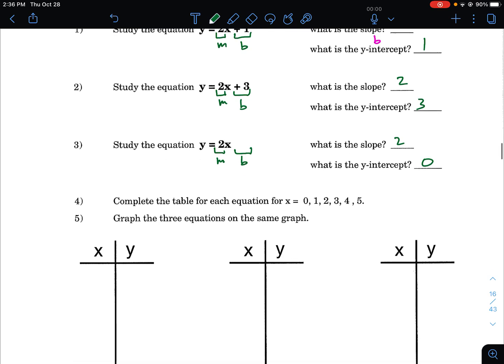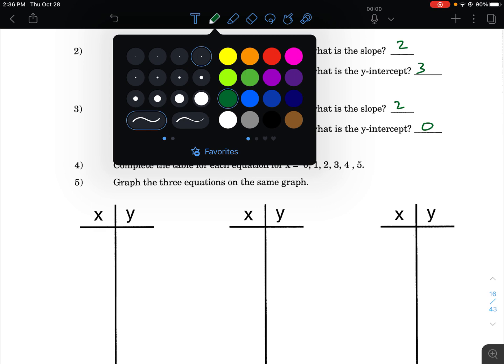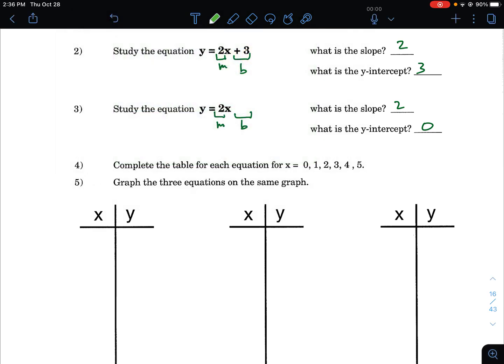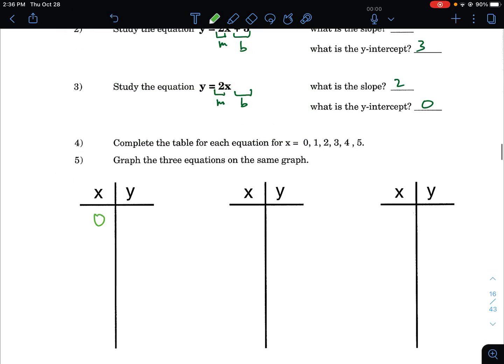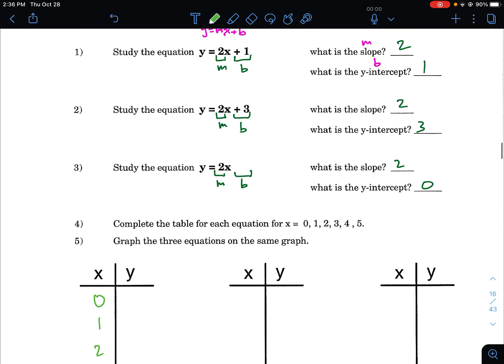They want us to complete the table for each equation for when x equals 0, 1, 2, 3, 4, and 5. So let's do that. Let's do a green graph. 0, 1, 2, 3, 4, and 5. And that's going to be when y equals 2x plus 1.